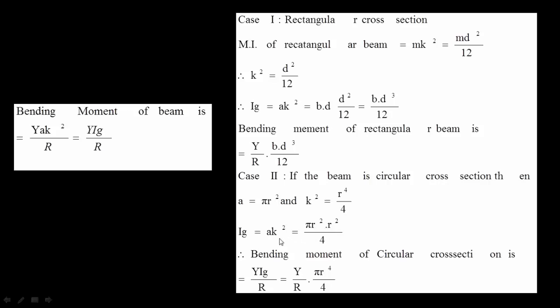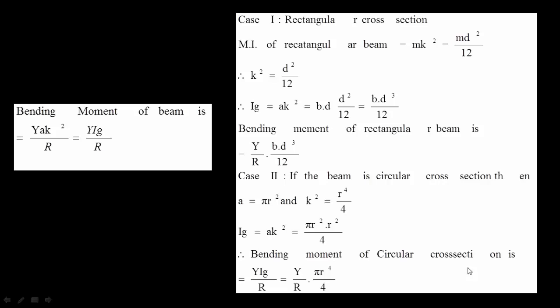Therefore, we get A k square equal to pi r raised to 4 upon 4. Now we substitute this value in the relation which we have obtained. The bending moment of a beam is always given by y Iz by r, and therefore the bending moment of a circular cross-sectional area beam is equal to y Iz by r, which is nothing but y upon r into pi r raised to 4 upon 4.